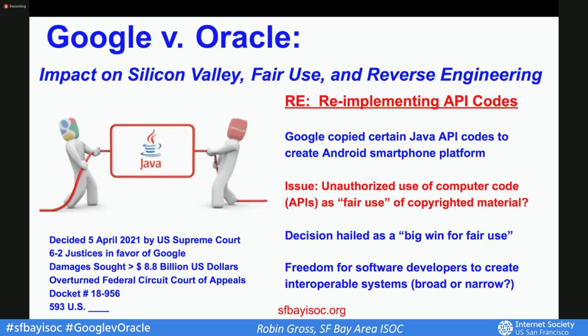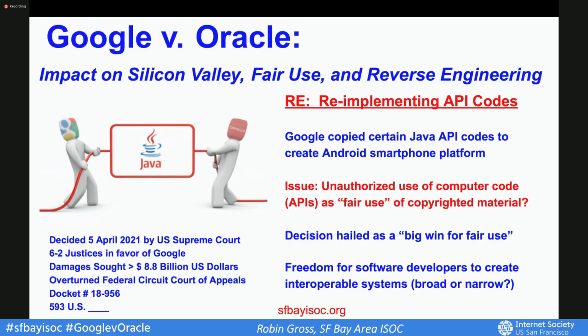In 2005, Google acquired Android and sought to build a new software platform for mobile devices. Now, to allow the millions of programmers familiar with the Java programming language to work on its new Android platform, Google copied roughly 11,500 lines of computer code from the Java program. Now, these copied lines are part of a tool called Application Programming Interface, or APIs.